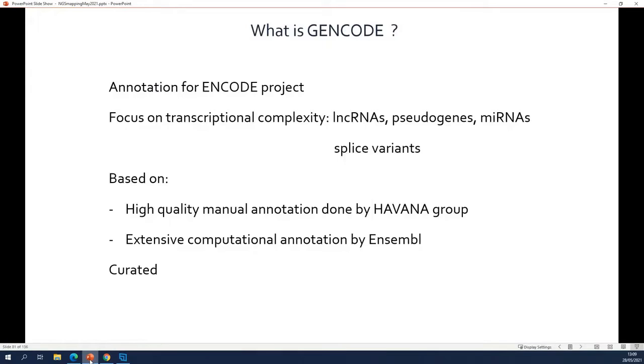What is this GENCODE? Well, it's a consortium, so a large project that is coupled to the ENCODE project, and that provides annotation. So annotation for large-scale next-gen sequencing experiments. What kind of annotation? Well, all annotation that is linked to transcription.